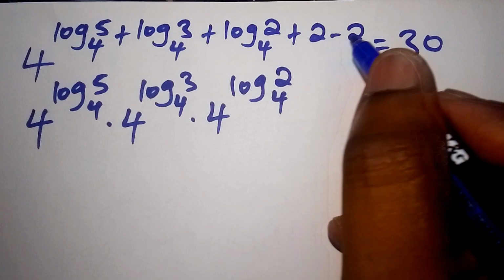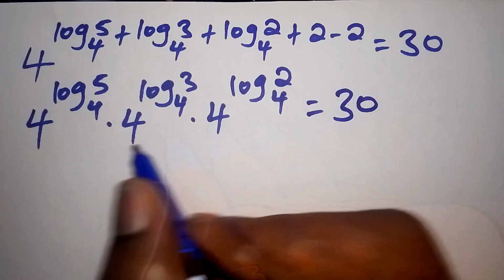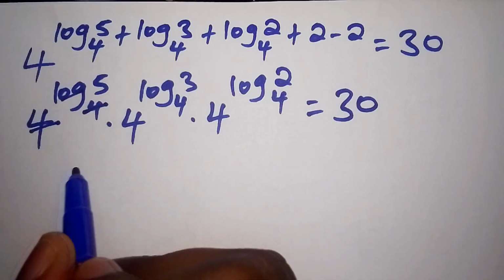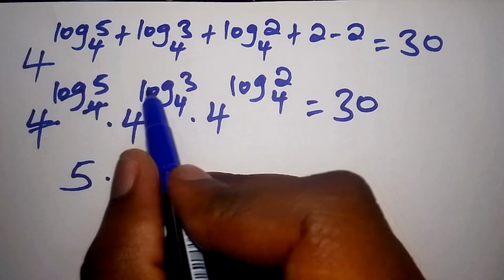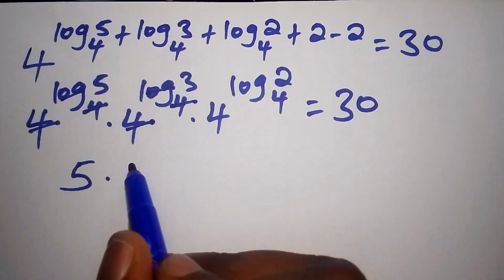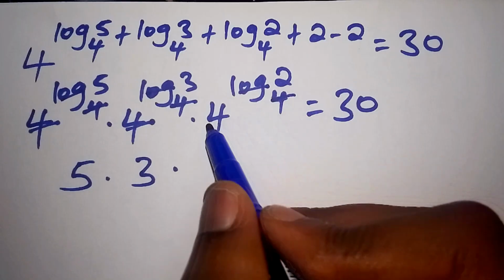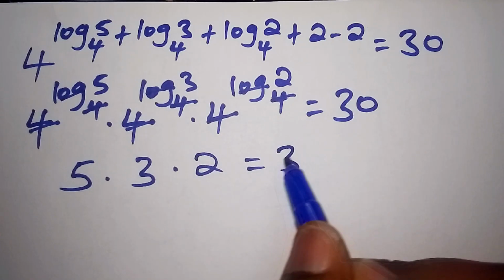Then plus 2 minus 2 is 0, equal to 30. Then here we shall say that the log to the base of 4 shall cancel this 4. So now we shall have 5 multiplied by, the log to the base of 4 shall cancel this 4, 3 multiplied by, the log to the base of 4 shall cancel this 4, now we shall have 2 equal to 30.